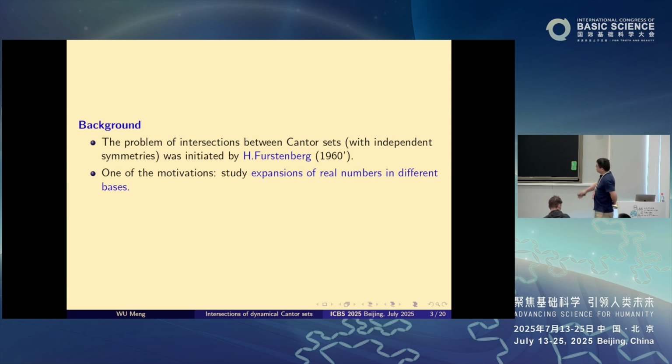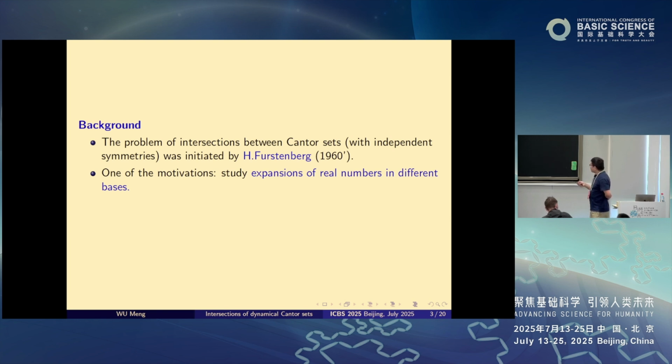Here, the symmetry just means the arithmetic expansions. That problem was initiated by Fürstenberg in the late 60s, and one of the motivations was to study the complexity of orbits of real numbers, for example, in different bases, or more generally the orbit of points in dynamics with respect to different dynamics.